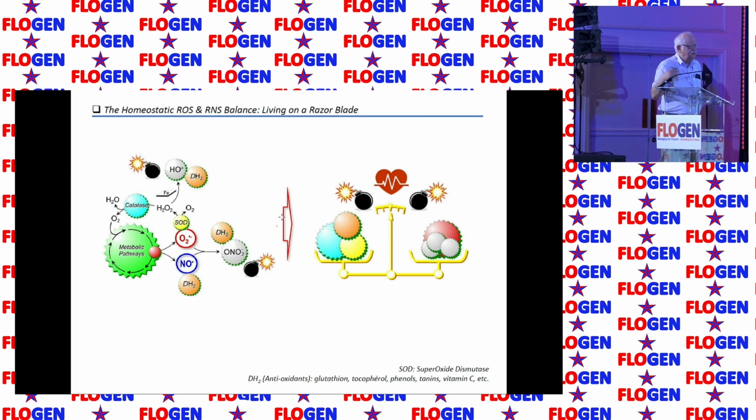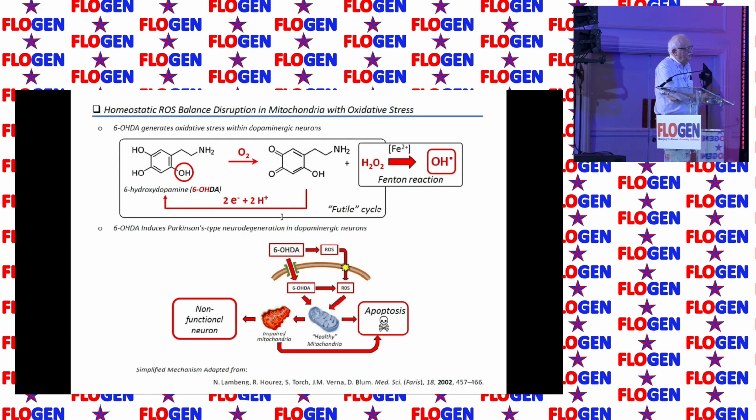And we heard this morning talks about how you can use supplements to help this system. So, for example, this is a case we worked on with my friend in China about neurons. You know that 6-hydroxydopamine is essentially the same as dopamine, except it has an OH on the ortho or para position.